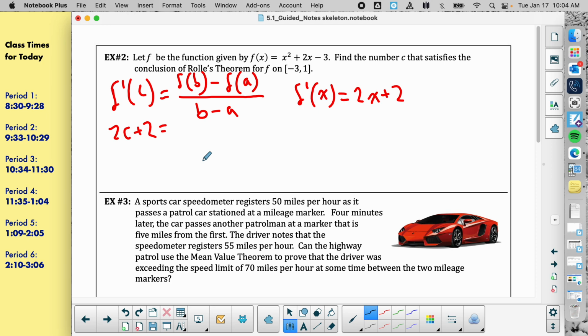The numbers now. So f of b, which one's b and which one's a? I'd say negative 3 is a. Negative 3 is a, and 1 is b. So f of b is you putting 1 into the equation given.